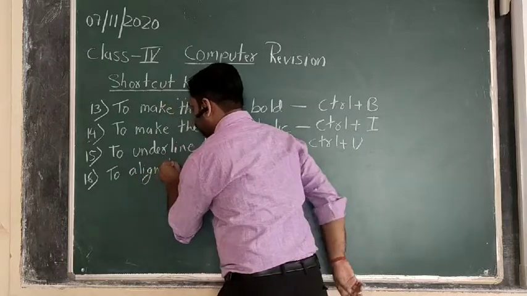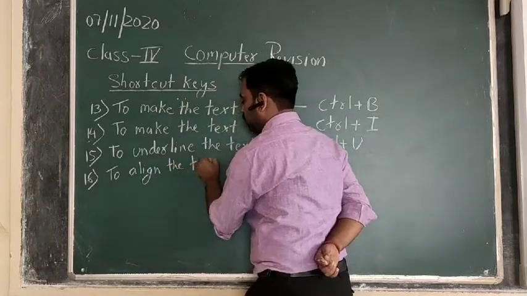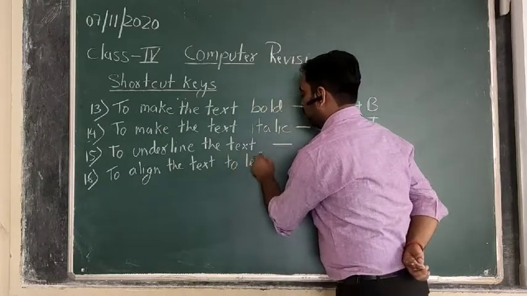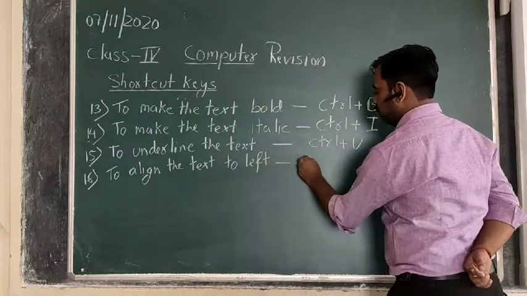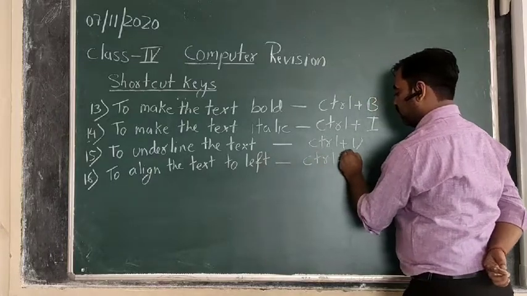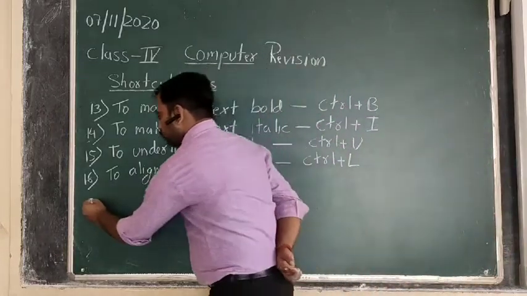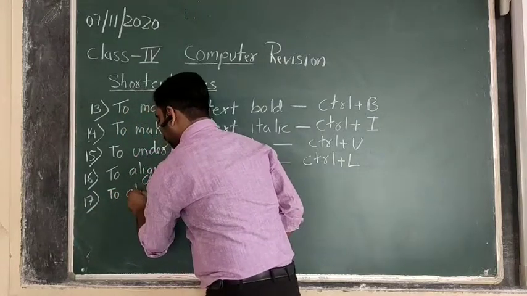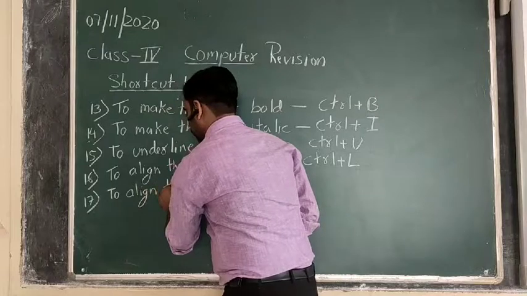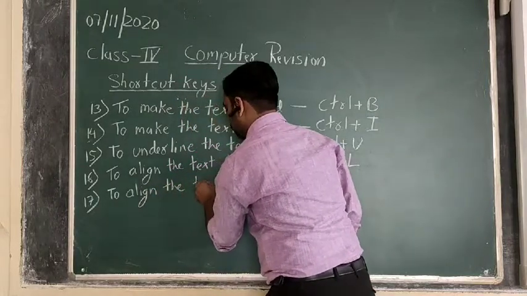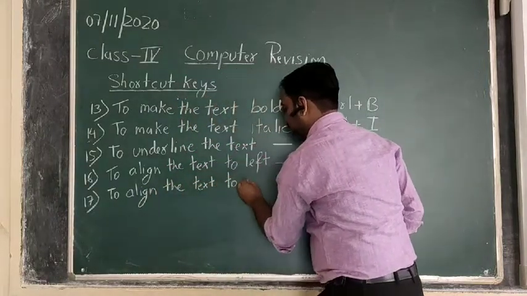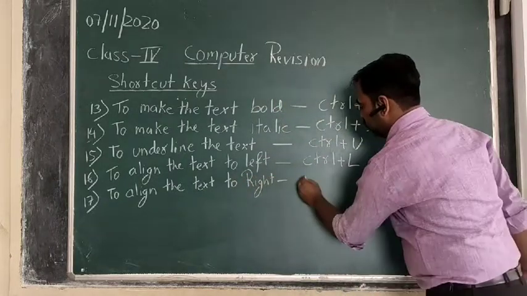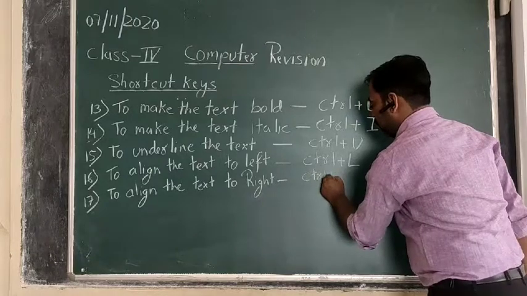To align the text to the left, the shortcut is Control plus L. In the same manner, to align the text to the right, Control plus R.